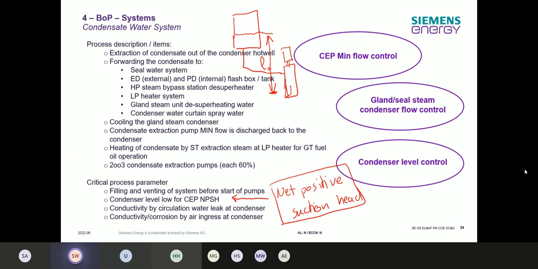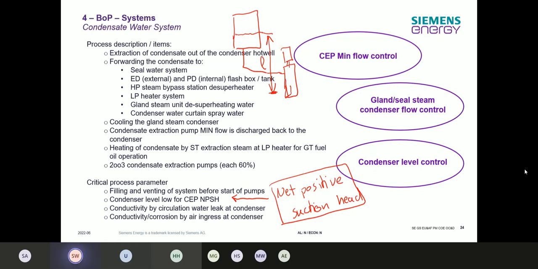Therefore we have these critical process protections inside the system, so that you as an operator are not able to start the pump without the certain NPSH over here. So this is an important part.